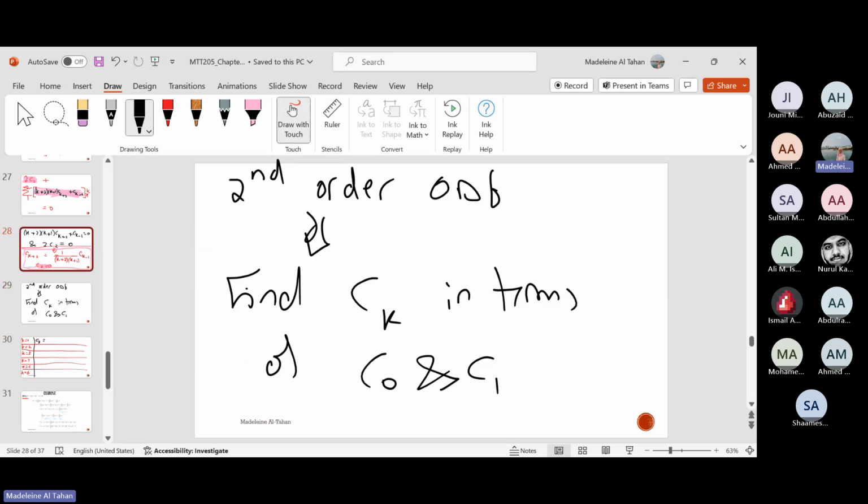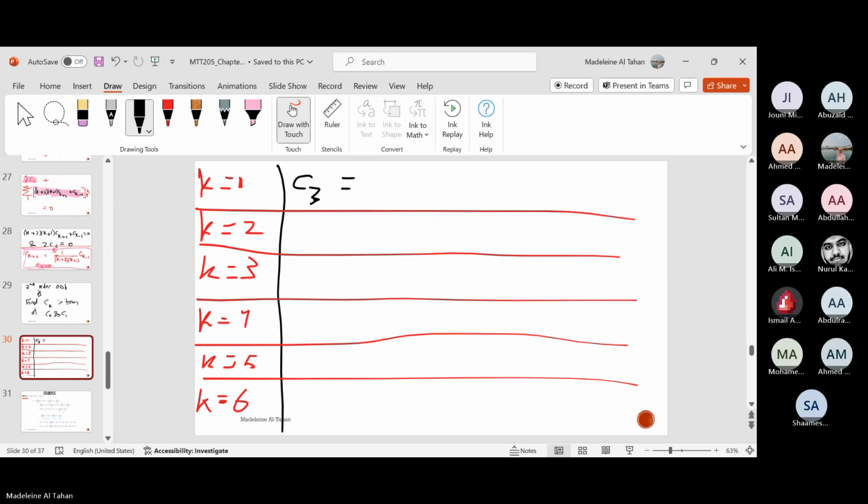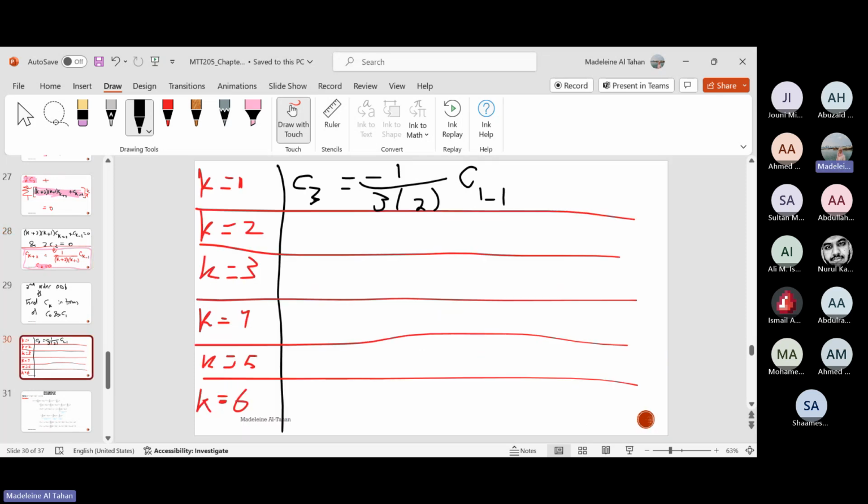The right-hand side, substitute: minus 1 over 3 times 2, c_{k-1}. So basically we got minus 1 over 6 c0. We got it in terms of c0.